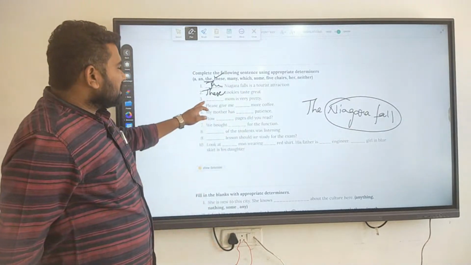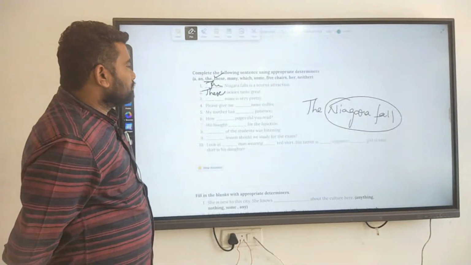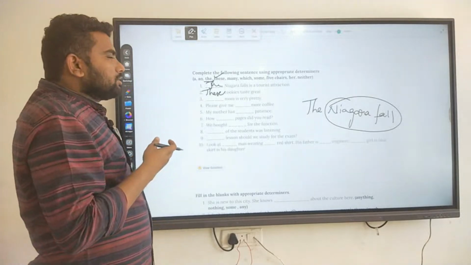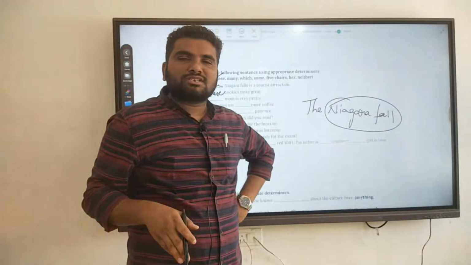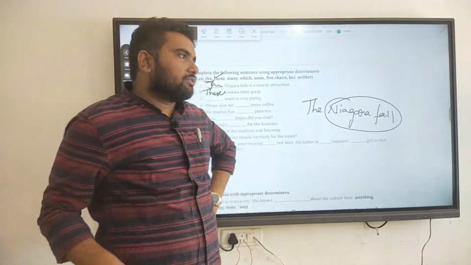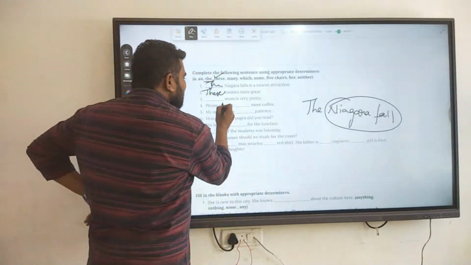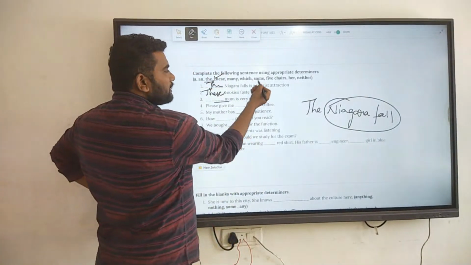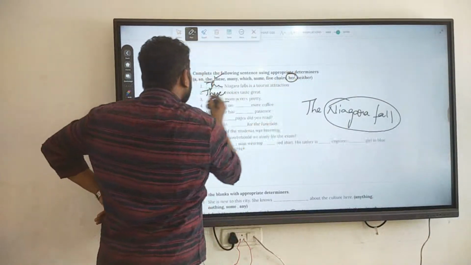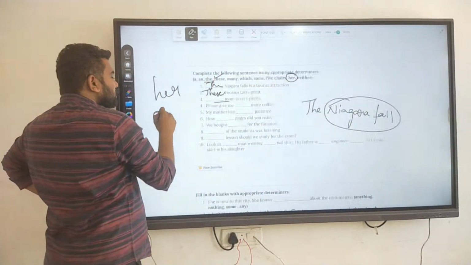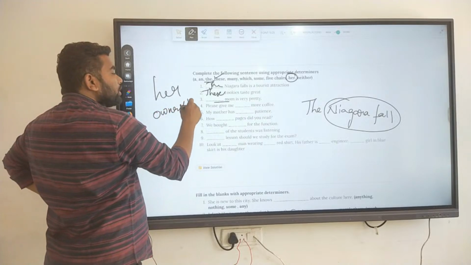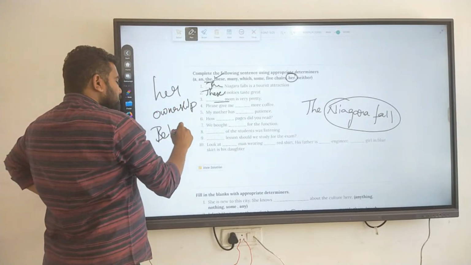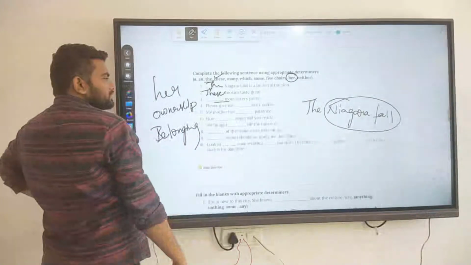The first one is the Niagara Falls. Next, dash mom is very pretty. See, that word, somebody's mother, she is very pretty, she is very charming. So that's the reason dash mother. We don't have any boy or girl here, but her is a word used for what? Not ownership, belongingness.